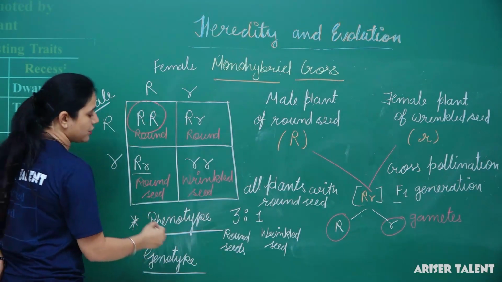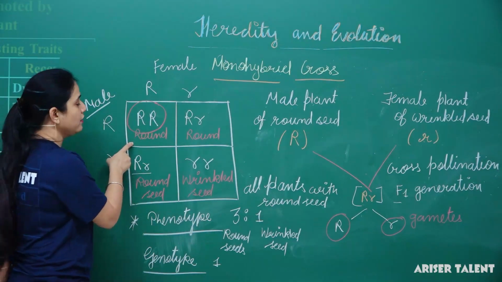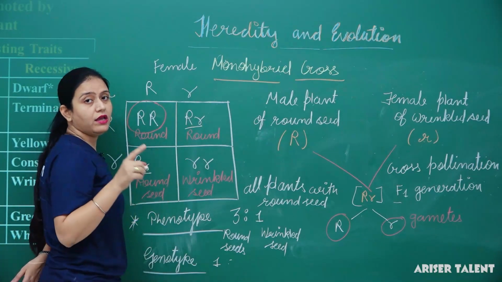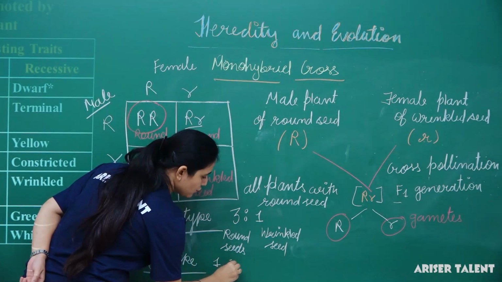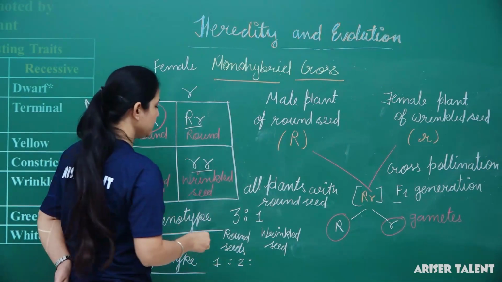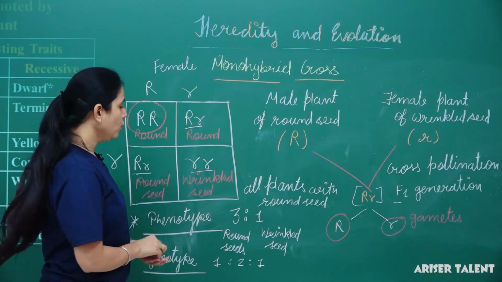So 1 is the completely round seed, 2 will be hybrid, and 1 will be the completely wrinkled seed. So genotype will be 1:2:1.